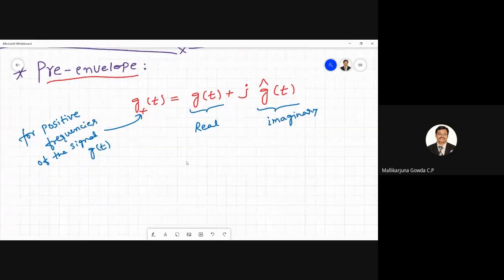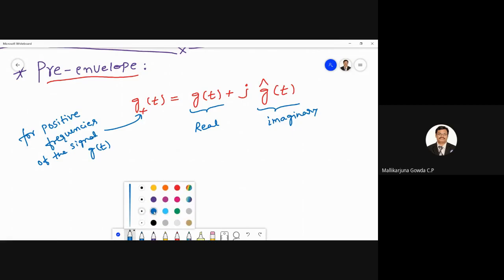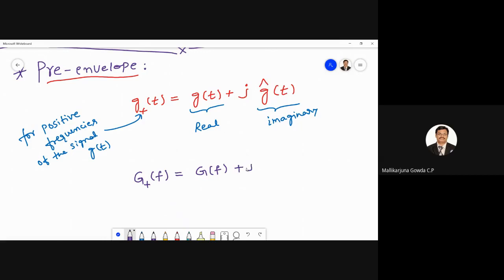So in the frequency domain, I write G plus of f, which is the Fourier transform of g plus of t. So which is equal to what I can write? G of t, its Fourier transform will be G of f, then plus j times the Fourier transform of g hat of t.